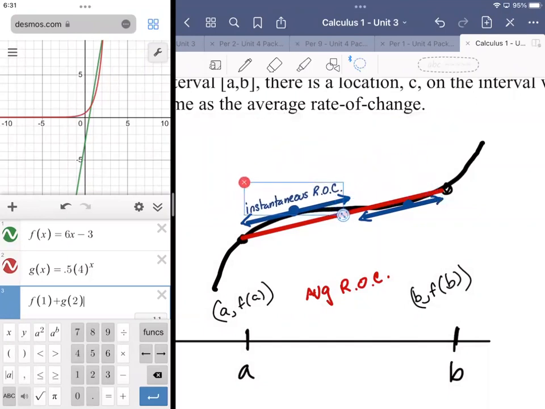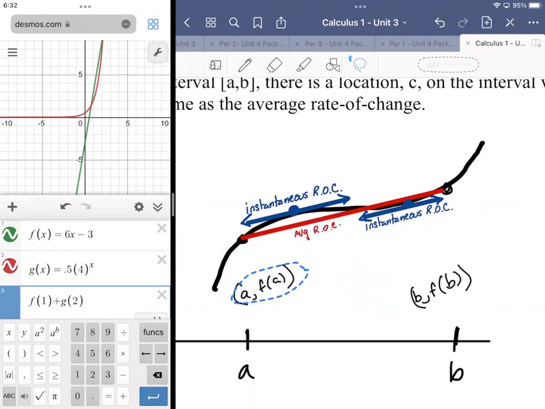And so here's an instantaneous rate of change. I gotta say, this diagram is going to look glorious when I'm done, but it's just a question of will it ever be done? All right. And so here's my average rate of change.